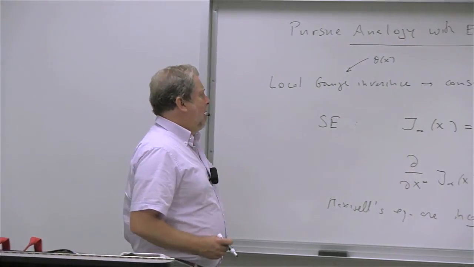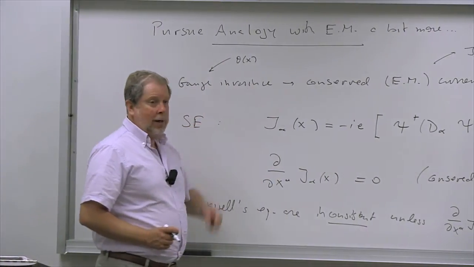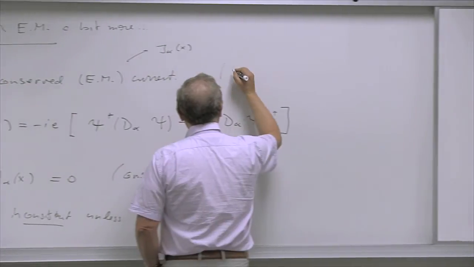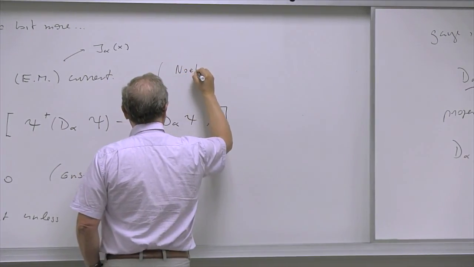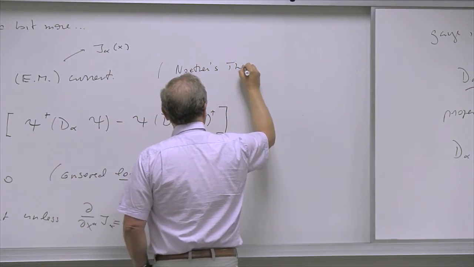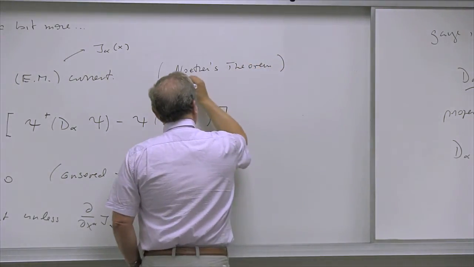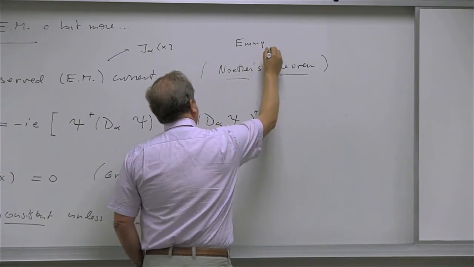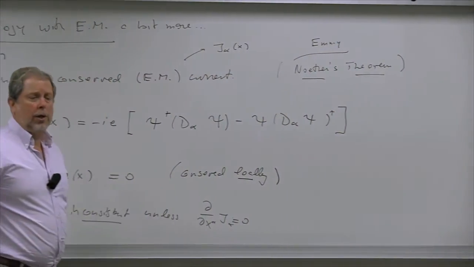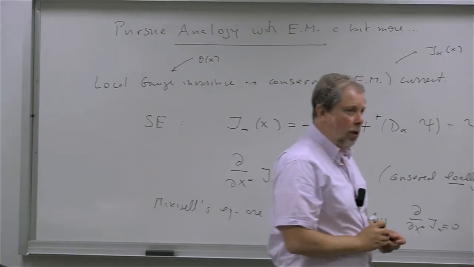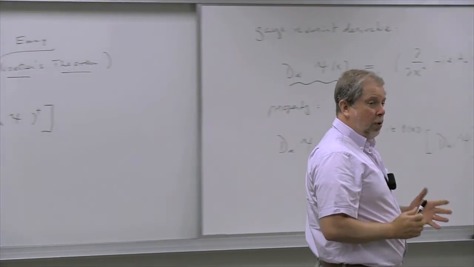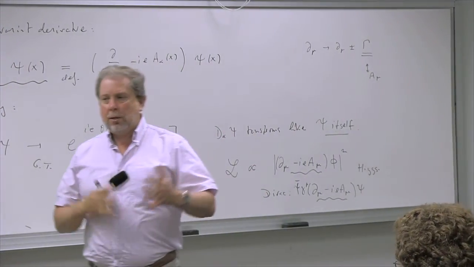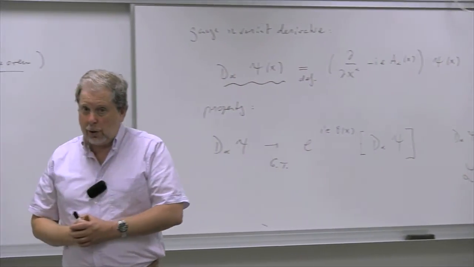In fact, the statement that local gauge invariance implies the conserved current is one application of what is called Noether's theorem. So Emmy Noether, around 1922, I believe, was a mathematician working with Hilbert. And she proved this theorem, which says every time you have a symmetry, then there has to be a conservation law.